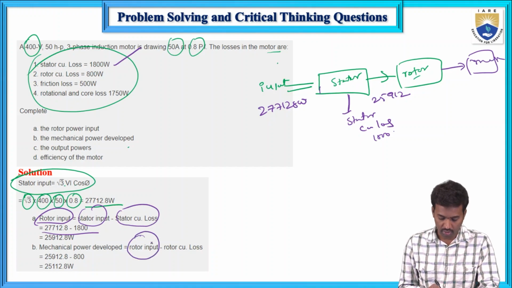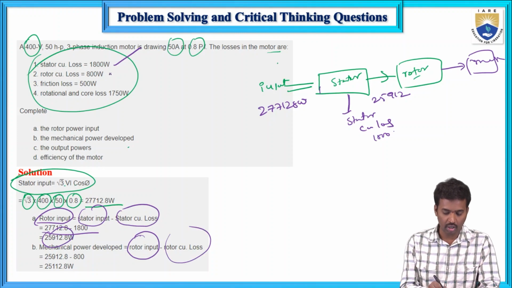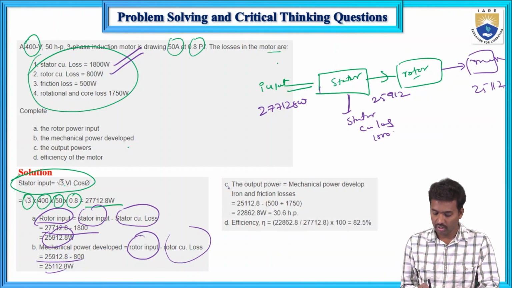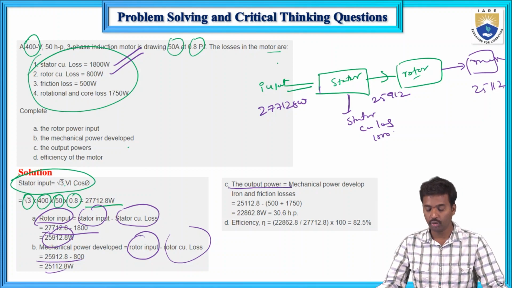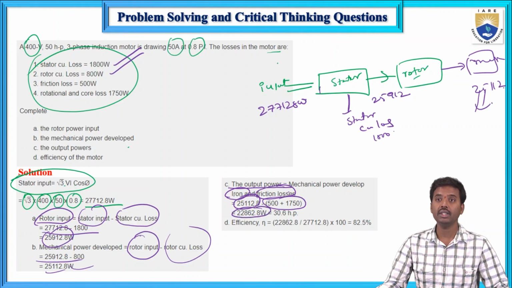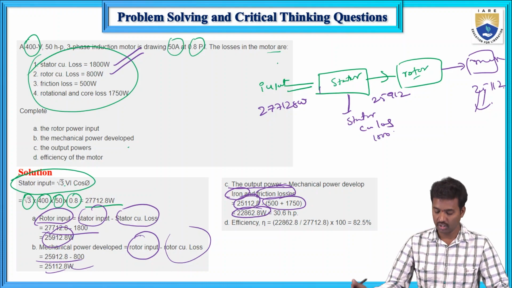The rotor input minus the rotor copper losses of 1800 gives the mechanical power developed, 25112. Then subtract the iron losses and frictional losses, and we get the final shaft output, 22862.8 watts. Converted into horsepower, that equals 30.6 HP.